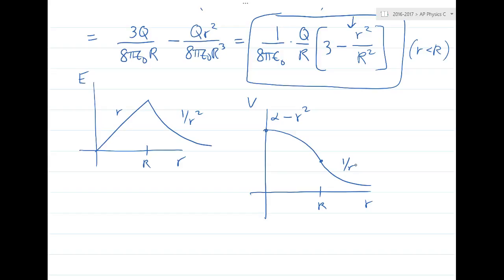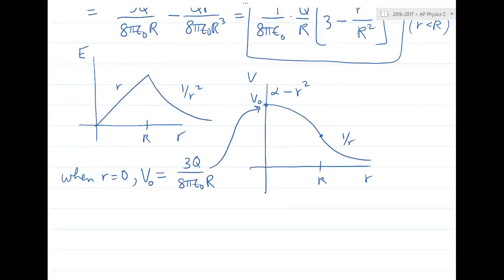And one thing that we can do to check or to see what else happens here is to plug in when little r is equal to 0. We're going to get V is equal to 3Q over 8 pi epsilon naught R. And so that's what this value is right here, and we call that V naught. So V of 0.